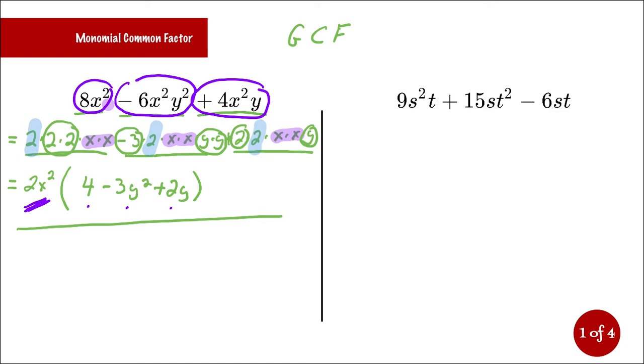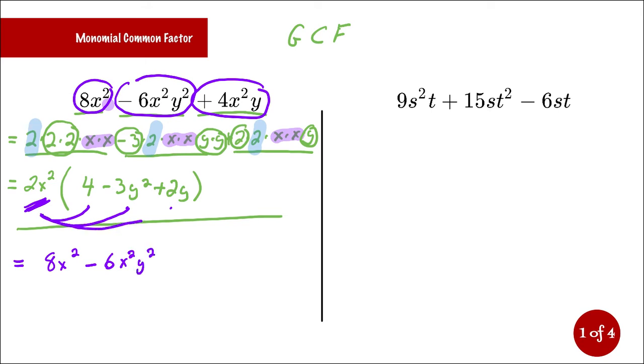So if we're dividing to get to the third line, then if we expand, use the opposite operation, we should get back to the beginning. So 2x squared times 4 is 8x squared. 2x squared times negative 3y squared is negative 6x squared y squared.